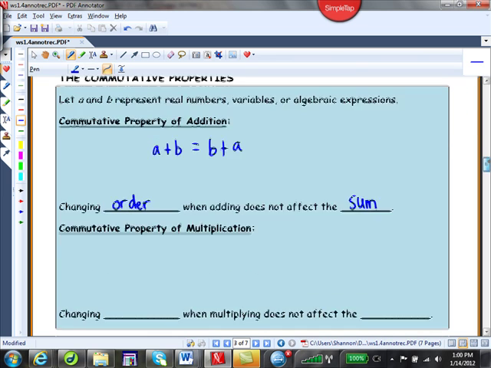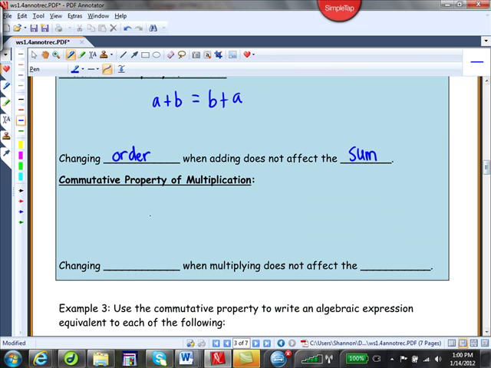Similarly, the commutative property of multiplication, if you have A times B, that is equal to B times A. So changing order when multiplying does not affect the product.